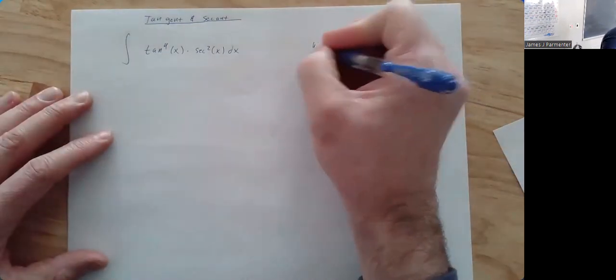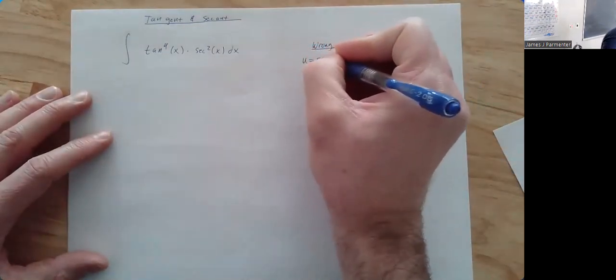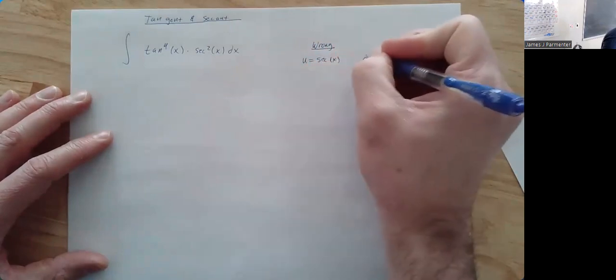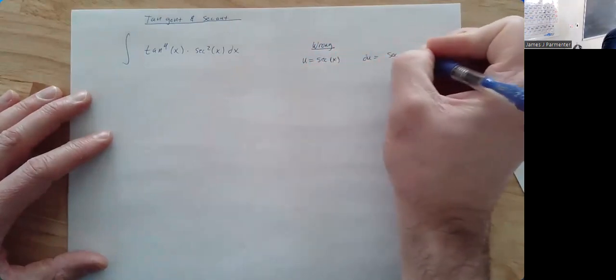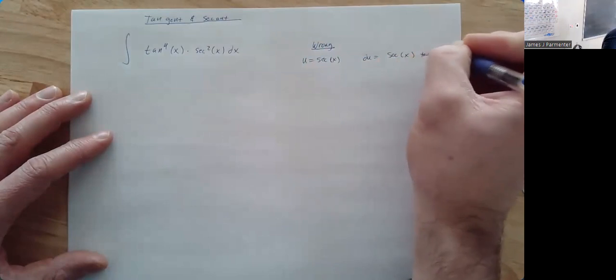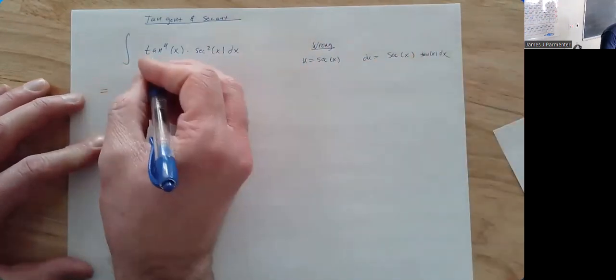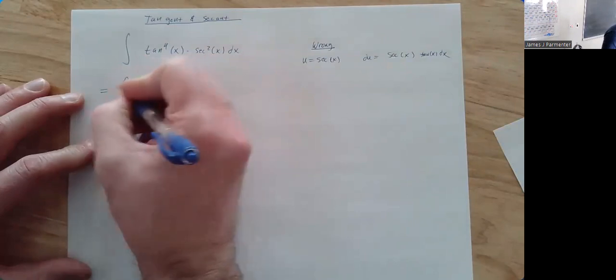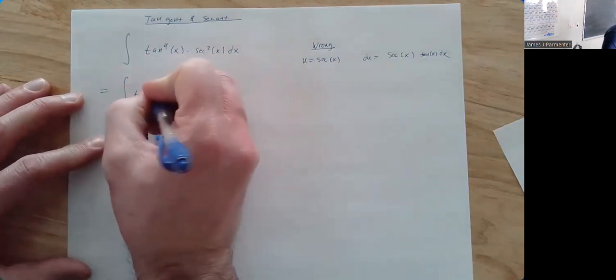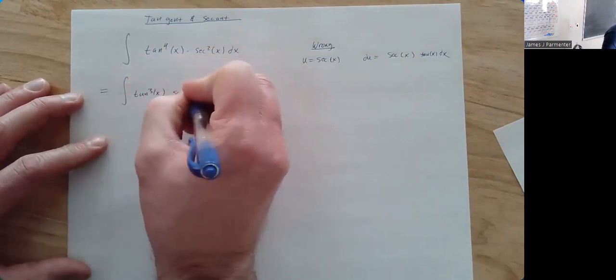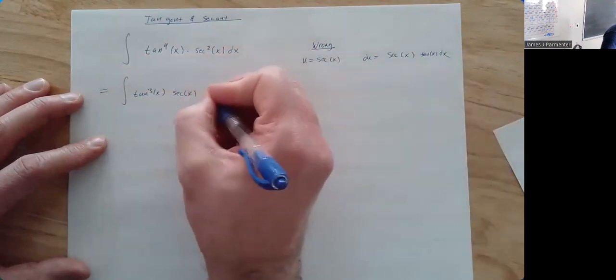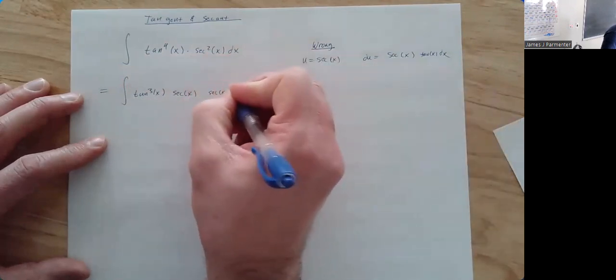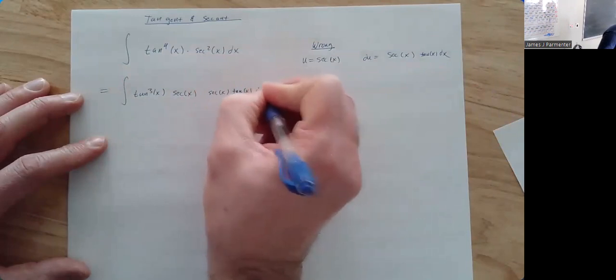So here's the wrong choice. If we let u equal secant, your du is going to be secant x tangent x dx. If I rewrite this, pulling out one tangent and one secant, I've got a tangent cubed, I've got a secant, and then the rest is secant times tangent times dx.